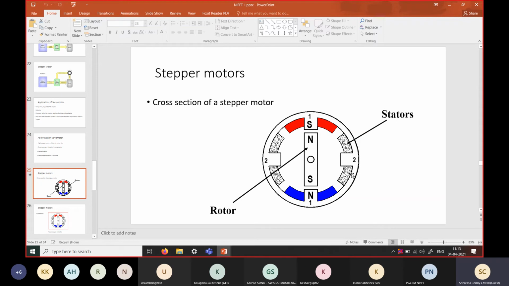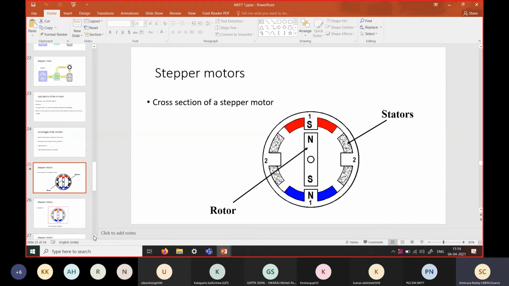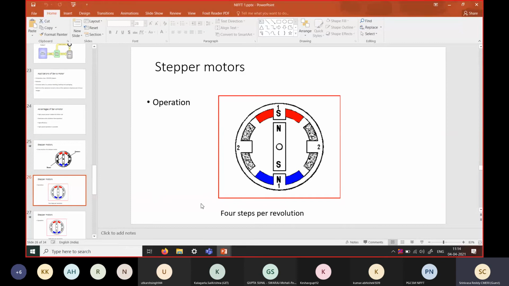The construction is such that the magnets on the stator can be switched on and off, so that we can change the motion of the rotor. Say now coil 1 is energized, so the rotor aligns to the magnetic field of winding 1, and when winding 1 is turned off and winding 2 is turned on, the rotor again rotates by 90 degrees. We can observe that through some animation here.